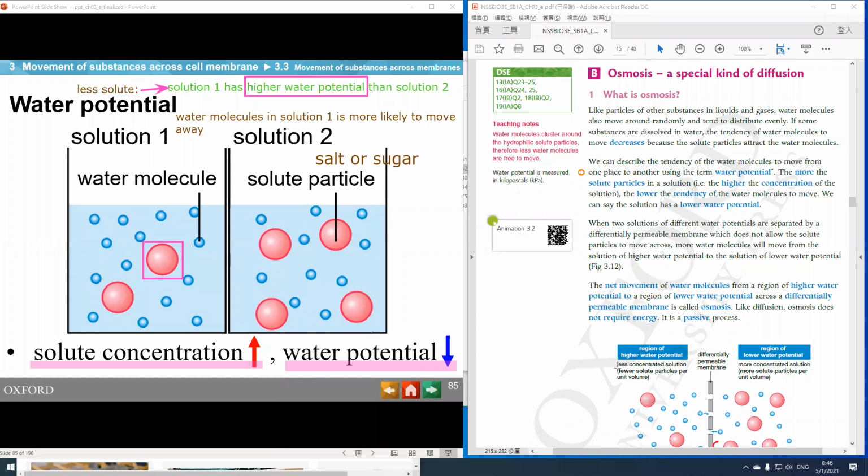Who is here? Sir, I understand. You understand? Yeah. Okay, so does solution 1 or solution 2 have higher water potential? I'm just afraid that you don't understand, then we cannot go further. Okay, let me go on.